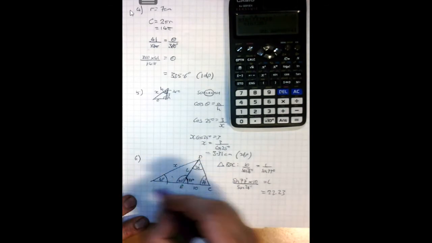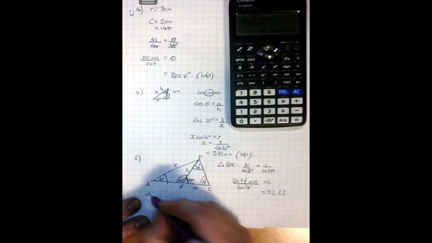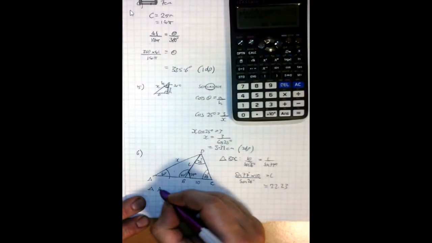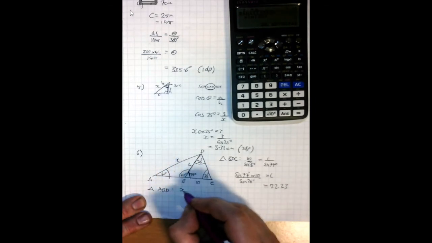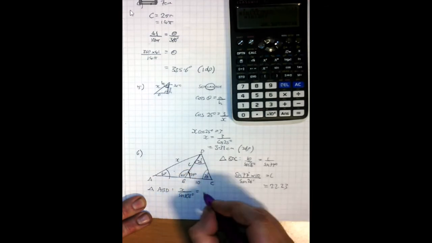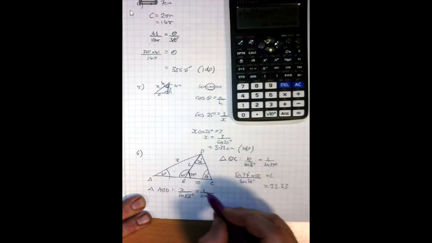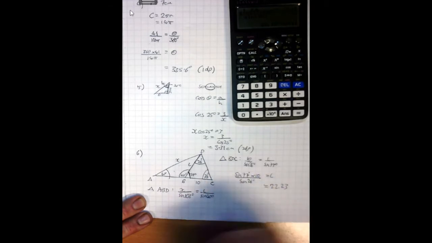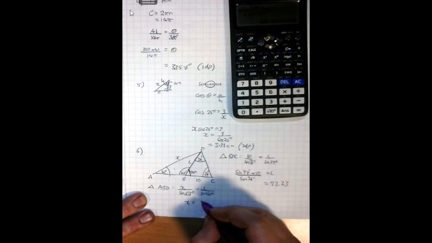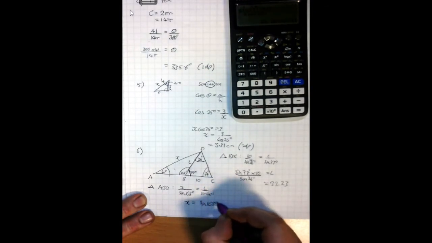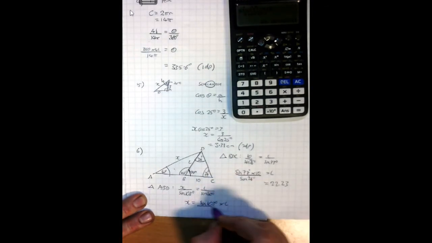I'm going to use the answer function for my calculator, because now I can say in triangle ABD, x over sine 103 equals L over sine 40, and for L on my calculator I'm going to use my answer button because that's the last thing that's on my calculator. Multiply both sides by sine 103.